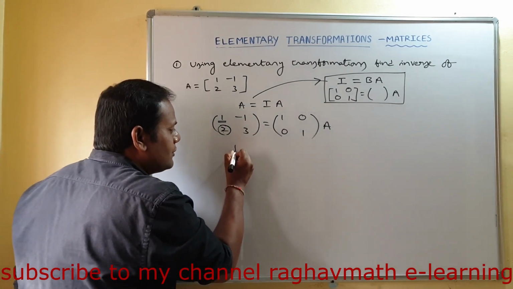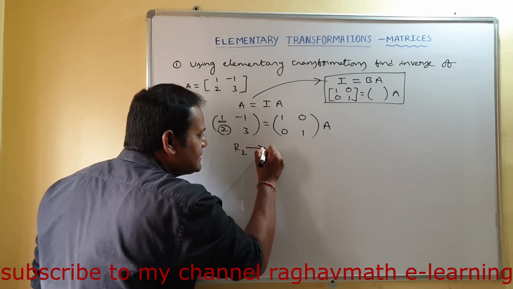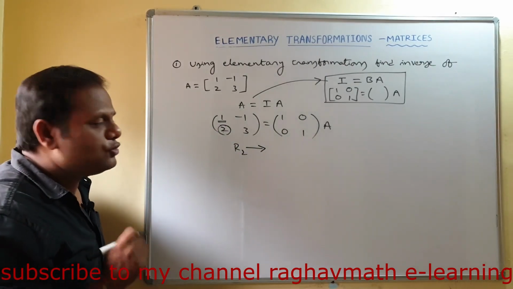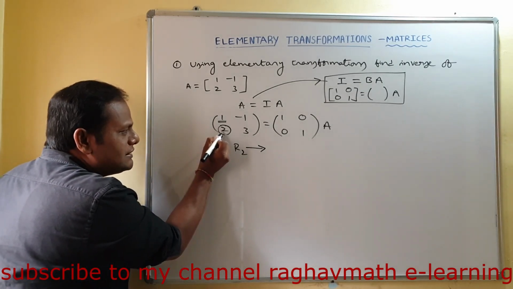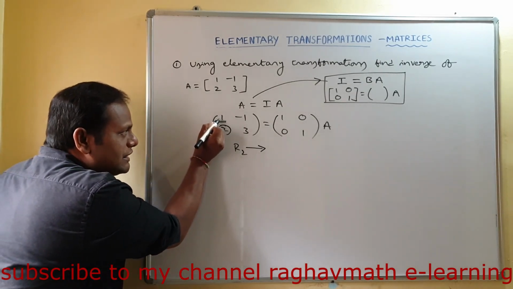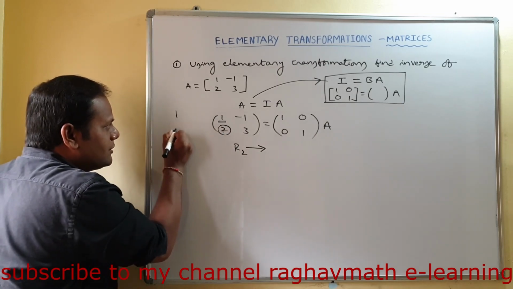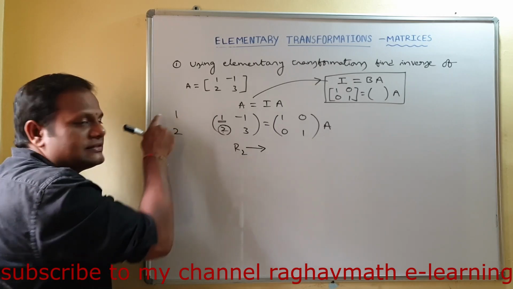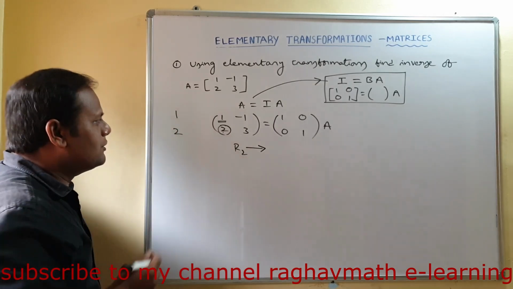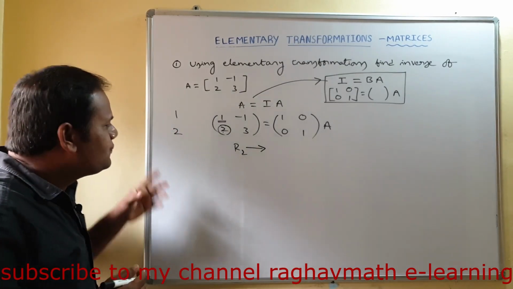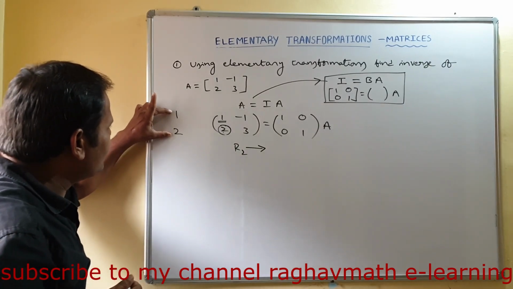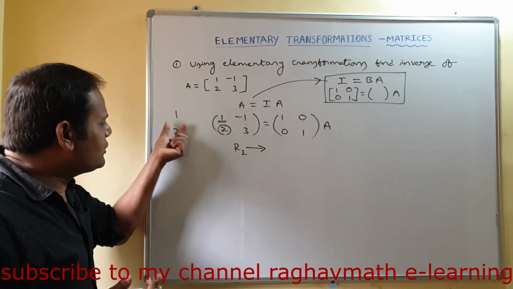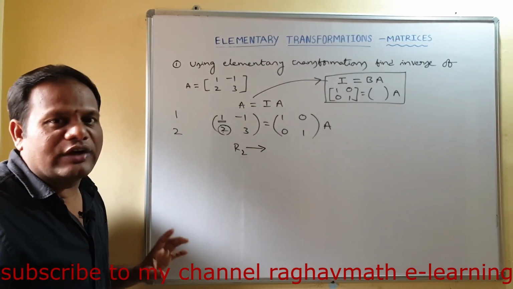So R2 changes to... okay, how is R2 changing? What is your target? Your target is making this 0 using this element. So 1, 2. A simple logic: if these two are equal, then you can go for subtraction and you get 0. So do one thing.